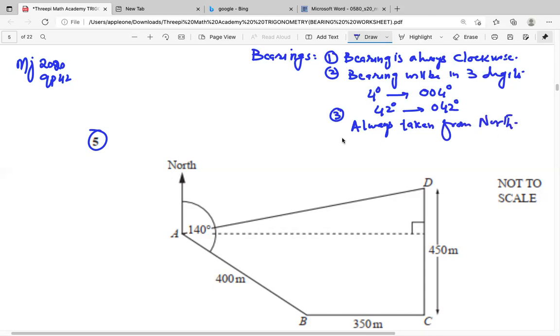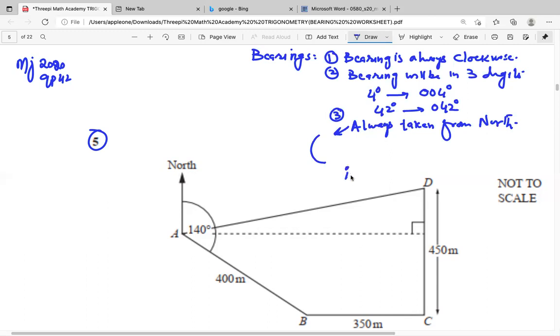Now, here I'm going to give you the definition of bearing as well. If somebody asks you what is bearing, you can say bearing is basically the angle between 2 things. One thing will be that object, the second thing will be the normal line.